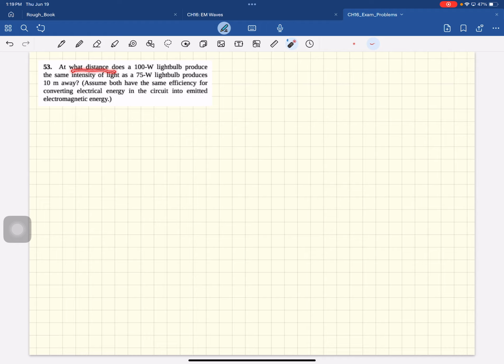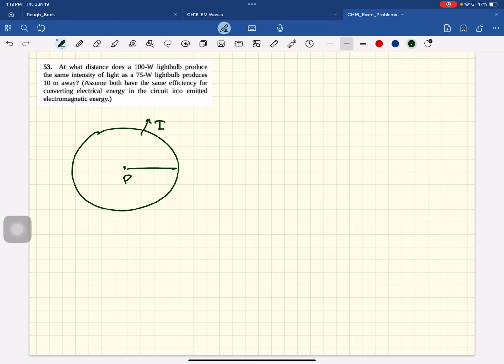At what distance does a 100-watt light bulb produce the same intensity of light as a 75-watt light bulb produces 10 meters away? Okay. So here's a bulb, there's the power. The intensity at distance r is how much light is passing per unit area per unit time.